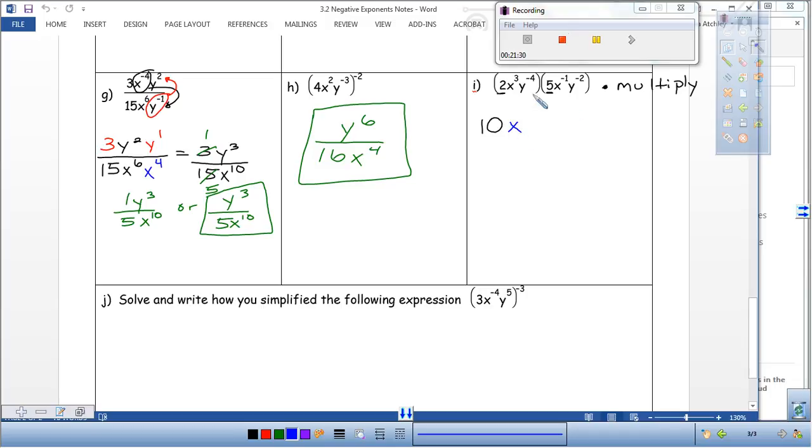To the 2? Yes. Y to the what? Very good. Anyone unclear as to how we got that? Okay, we're just adding the exponents. So 3 and negative 1 is 2, negative 4, negative 2 is negative 6. Now we can move things.